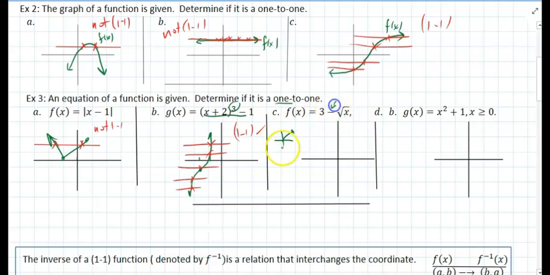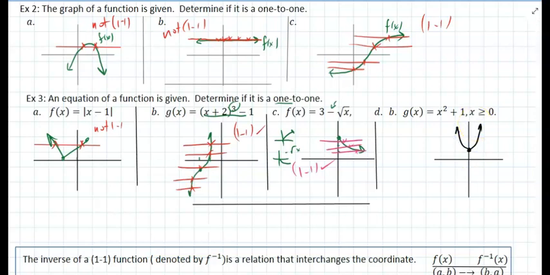When you multiply it by a negative, it reflects. And the 3 shifts it 1, 2, 3 units up. That graph looks like this. If I draw a horizontal line, no matter where I draw it, it only crosses once. X squared plus 1 is a parabola shifted up 1 unit.